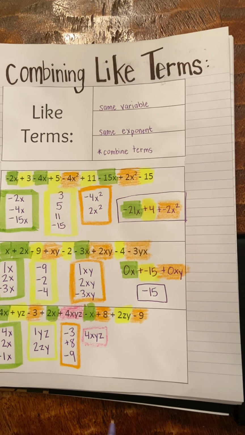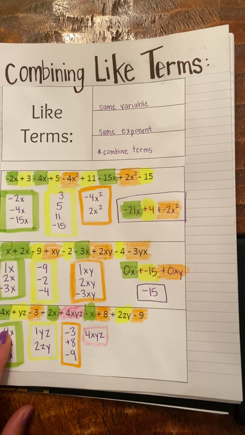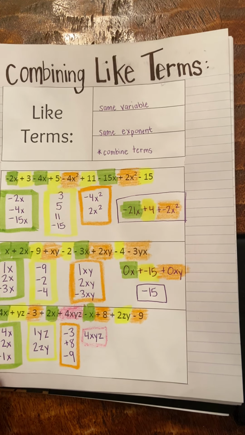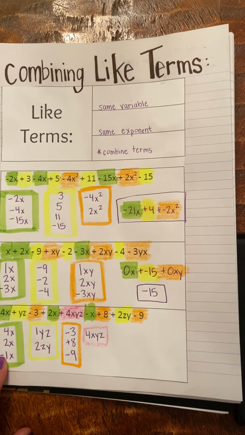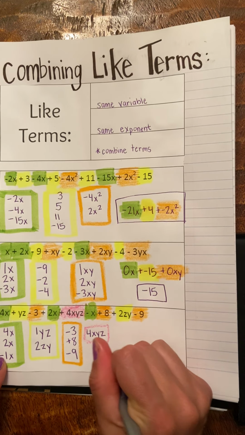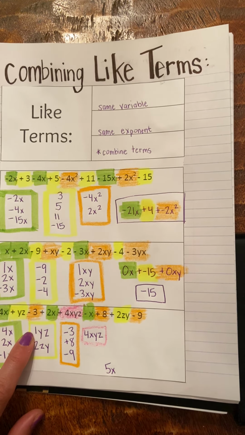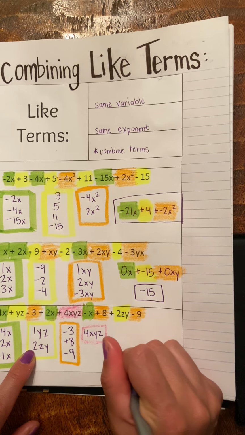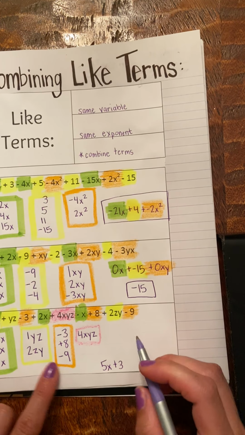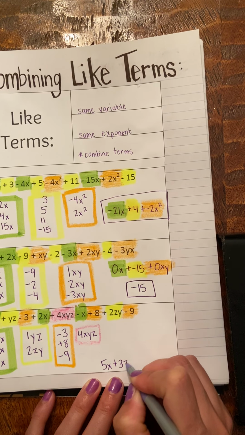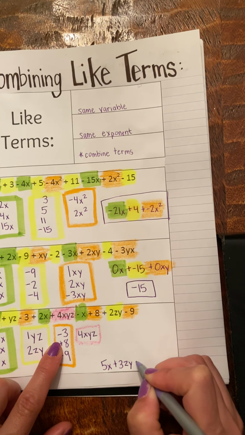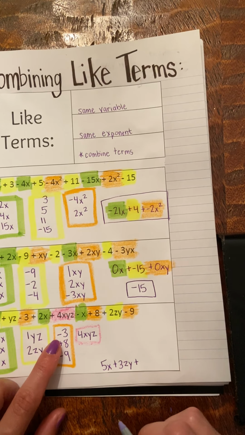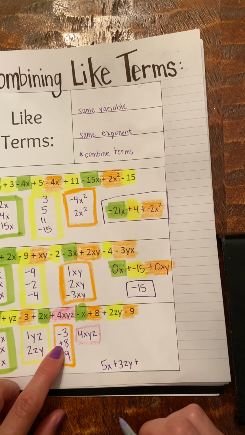Okay, so let's go ahead and combine these. So 4 plus 2 is 6, minus 1 is 5. So we have 5x. And 1 plus 2 is 3. And it doesn't matter the order. And then we have negative 3 plus 8 is 5.